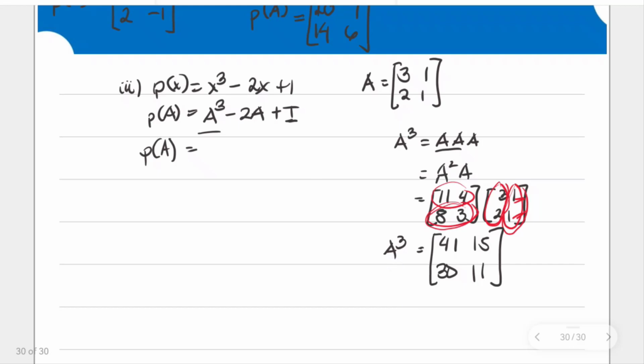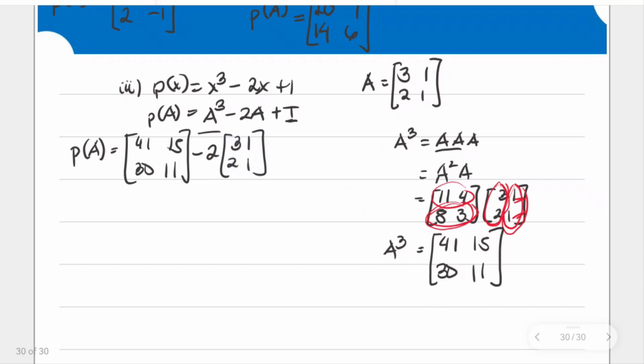So we will have again same as earlier. Let's have a lot of spaces here. So P of A is now 41, 15, 30, 11 minus 2 times your A, 3, 1, 2, 1 plus identity 1, 0, 0, 1.